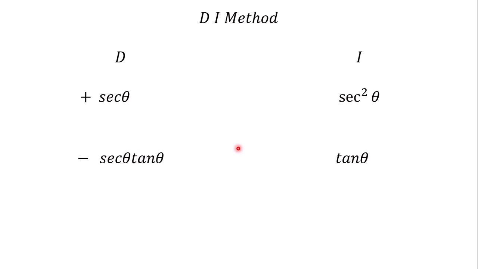The first part of our answer is going to be the product of this diagonal, that is this one times this one. And then the next one is what we are going to further work on, that is the product of the whole of this times this one.